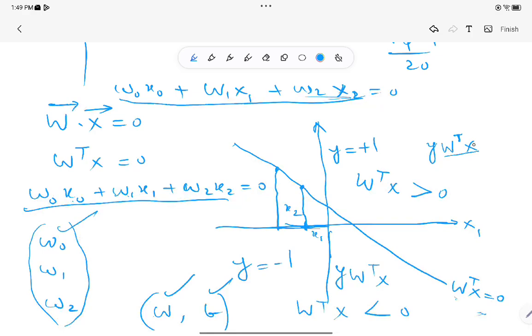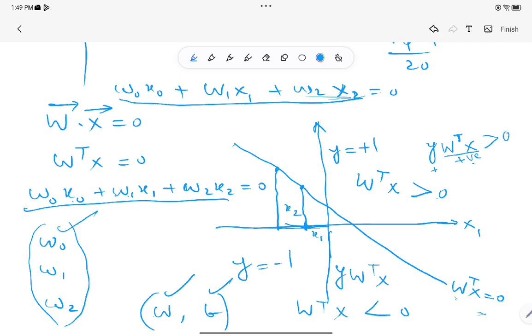Focus on w^T x only, ignore this y. w^T x is greater than 0, which means w^T x is positive. What about y? Y is in this region, y is +1, positive. When you multiply positive with positive, you get positive. This means that y w^T x will be greater than 0.